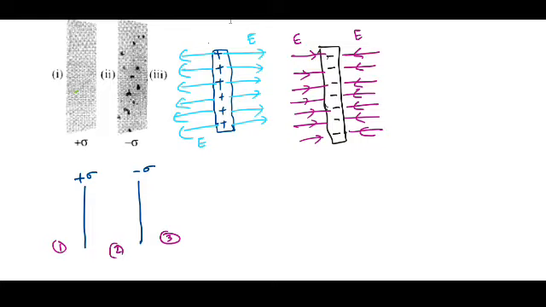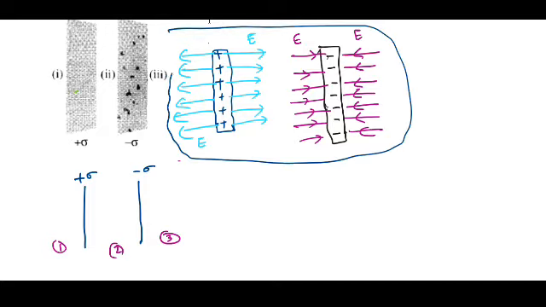If we compare this figure, this is exactly identical to this, and also this. We have to draw the electric field lines in region 1, region 2 and region 3.